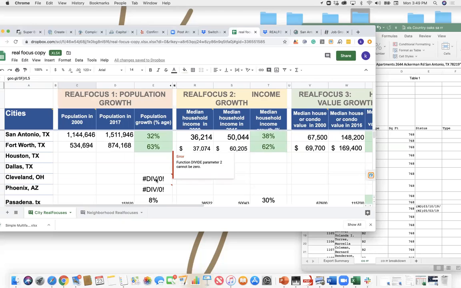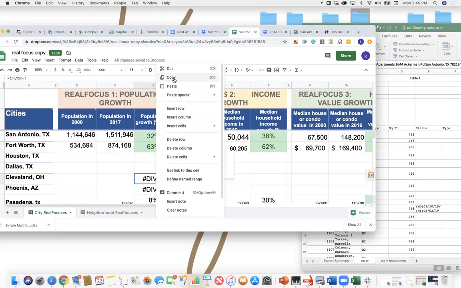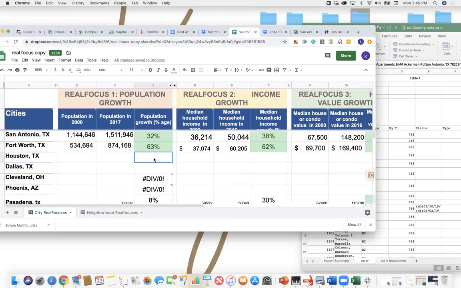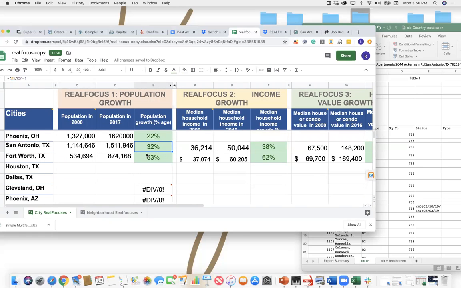You copy the formula, paste it into your cell, and it will calculate it for you. What's also cool is if it turns green, that's a thumbs up. We're looking for as many of these Real Focus factors to be green as possible to invest. Maybe not all 5 need to be, but whenever all 5 are, that's a screaming deal you need to go for.